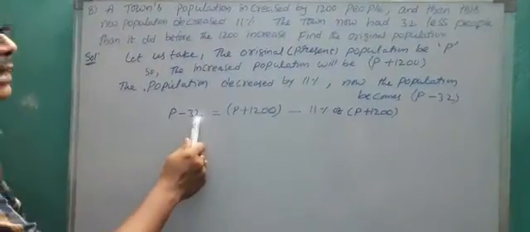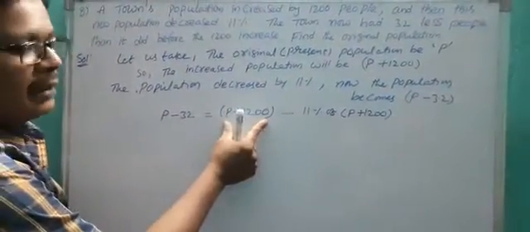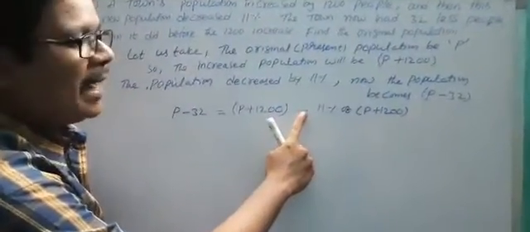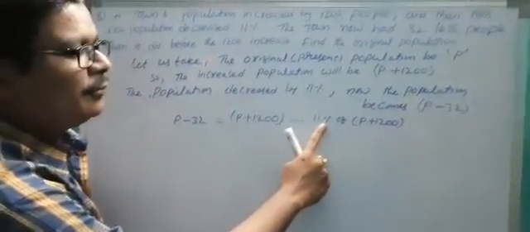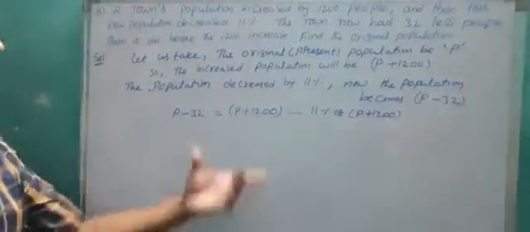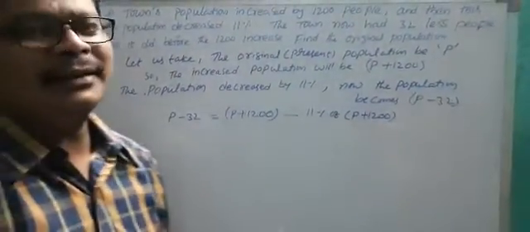So P minus 32 equals the new population minus 11 percent of the new population. Okay, you got one linear equation.